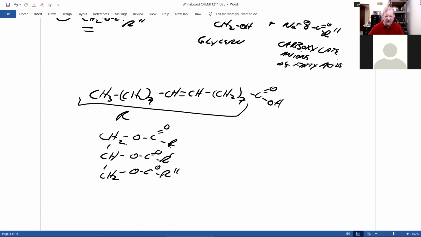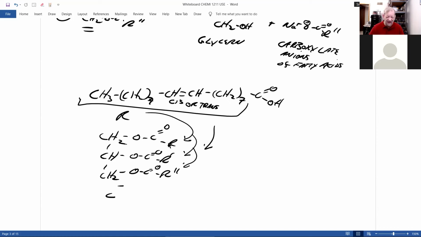So if this R group is either this one, or it could be R prime or this one, if this is cis, you'll have a cis fat. Or if this is trans, you'll have a trans fat.